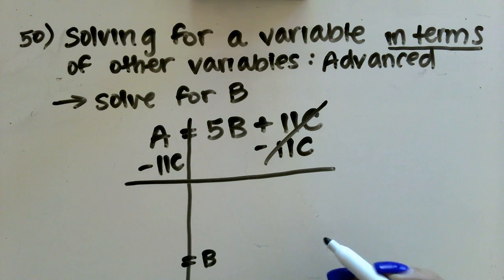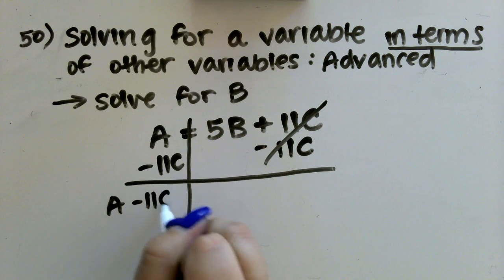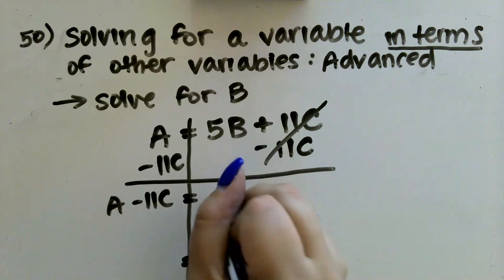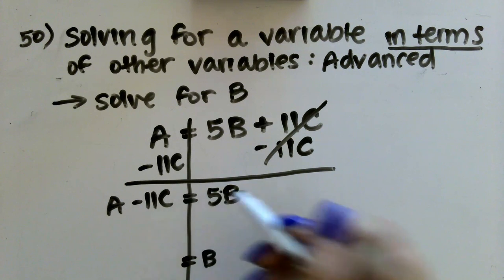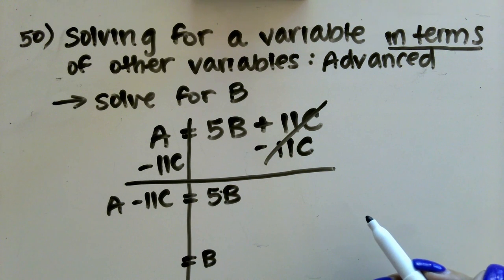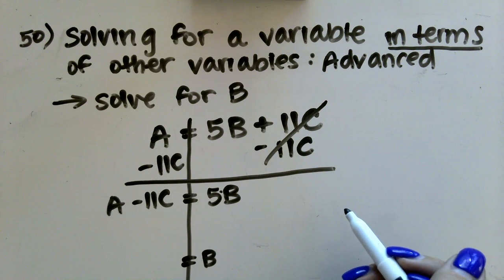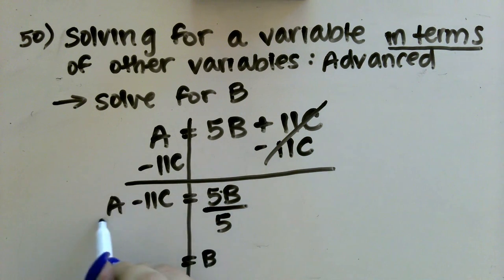And my left-hand side is going to read a minus 11c, while I bring down whatever's left over on my right-hand side of 5b. Now again, I know that there is an invisible multiplication sign sitting in between my 5 and my b, so I need to use the opposite operation to cancel that 5 out, and I need to divide by 5.